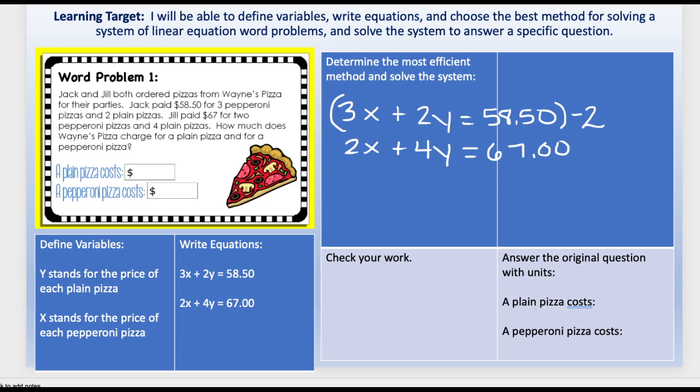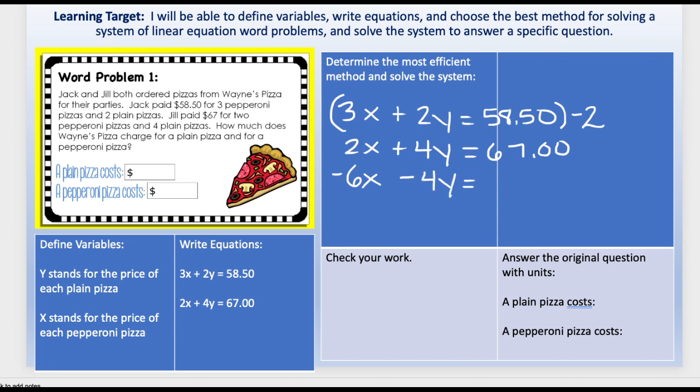So I'm going to go ahead and multiply this entire top equation by -2, and I'm going to write it below this other one. So -2 times 3x is -6x, and -2 times +2y would be -4y.